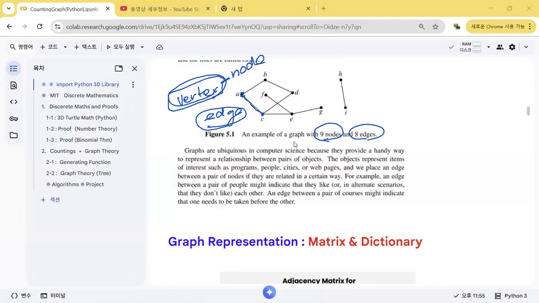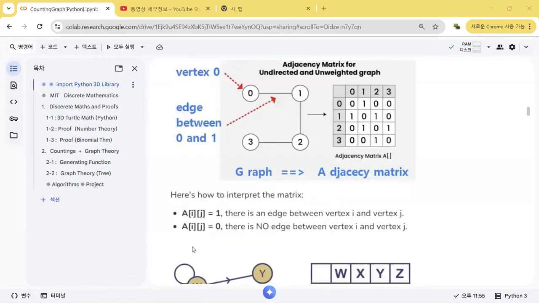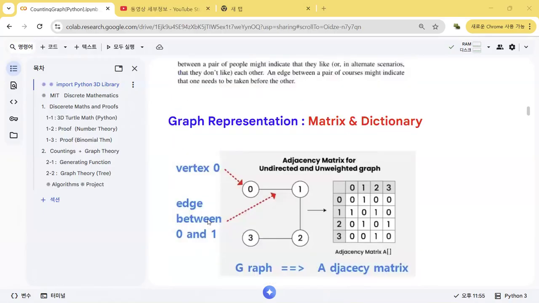But for computer programming languages, sometimes a dictionary representation is also used in manipulating this graph. So for graph representation, matrices and dictionaries are two main representation methods.